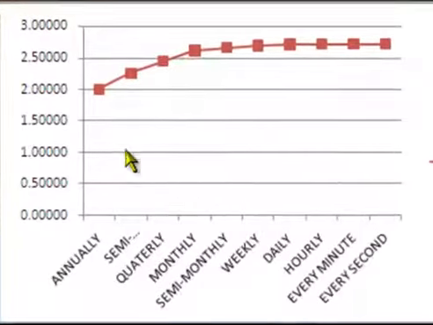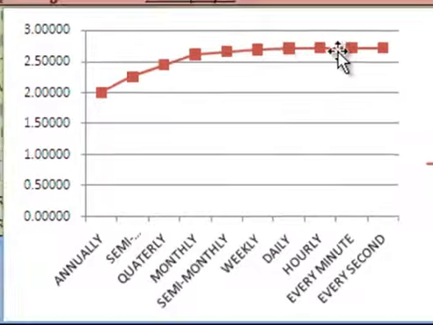Now look at this graph. This shows that as the compounding frequency approaches infinity, the future value of $1 is approaching a fixed value which is equal to 2.7182. So this is the concept of a fixed value of exponential constant.